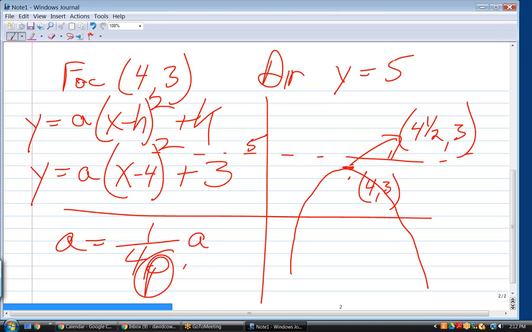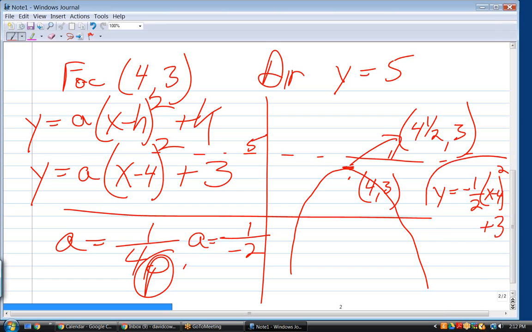So a is equal to 1 over minus 2. Now I have the equation: y equals minus 1/2, that's a, times (x minus 4) squared plus 3.